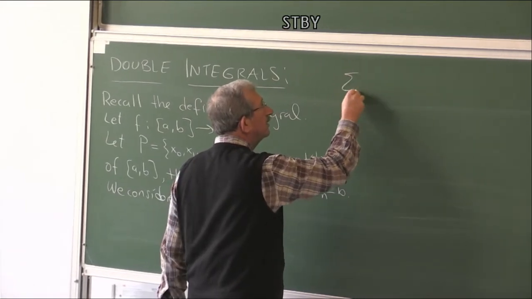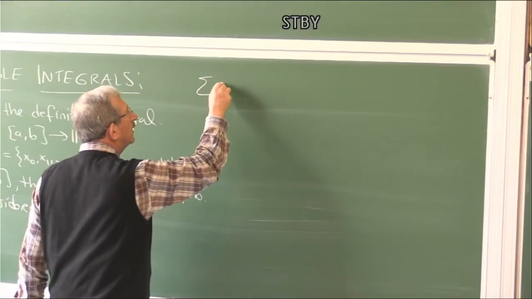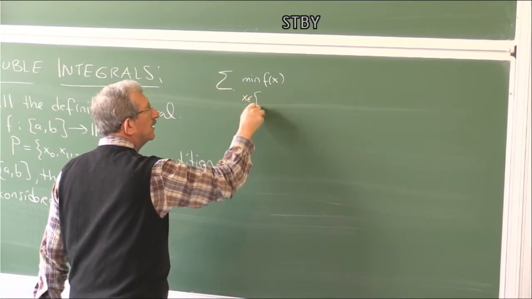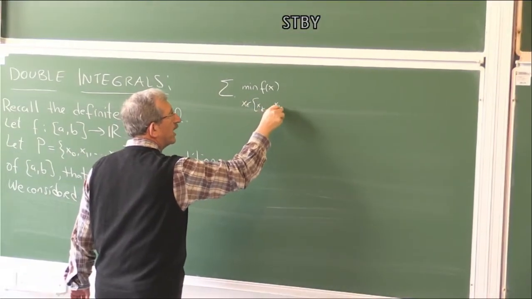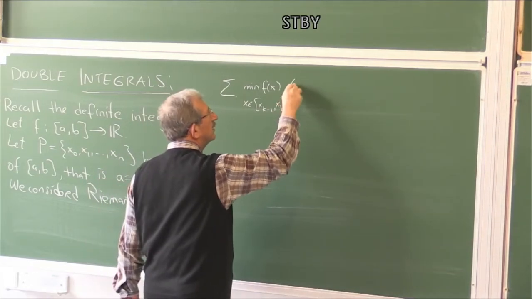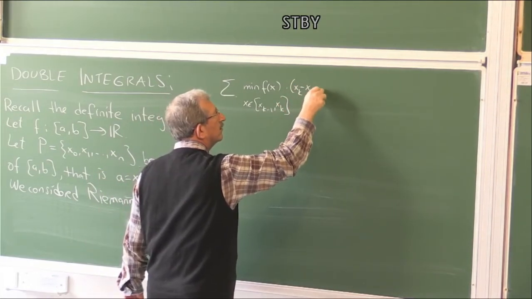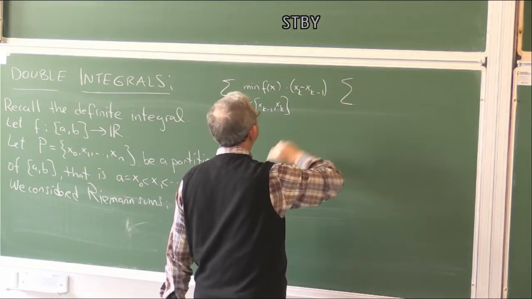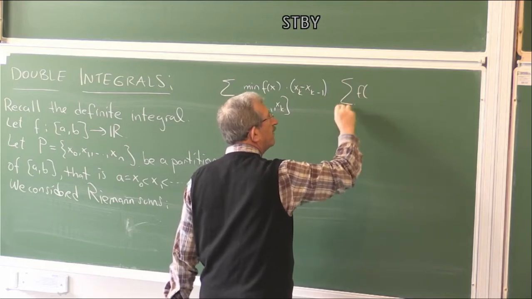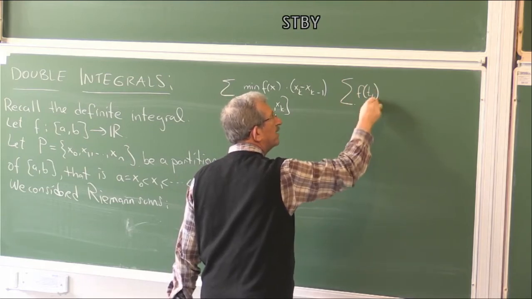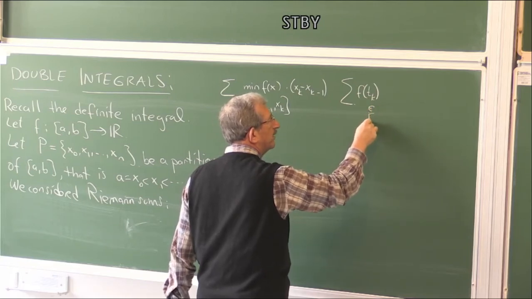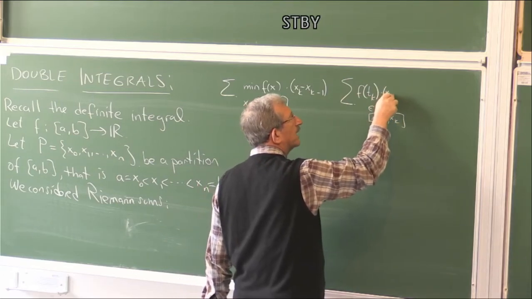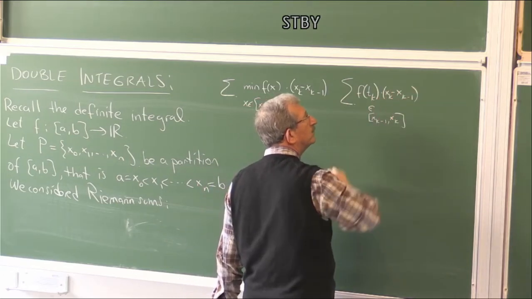We considered the sum of the minimum of f(x) when x was in [x_{k-1}, x_k] times the length of the interval, and we considered the sum of f at any t_k, where t_k would be in the interval [x_{k-1}, x_k], times x_k minus x_{k-1}.